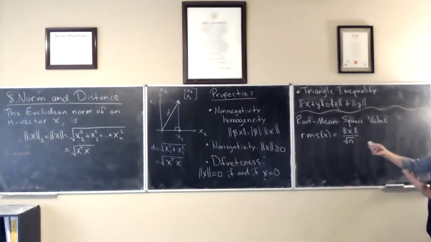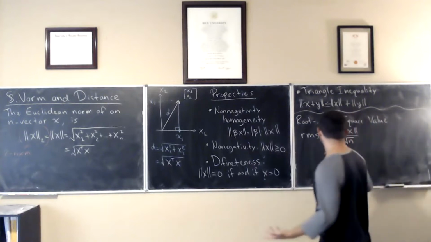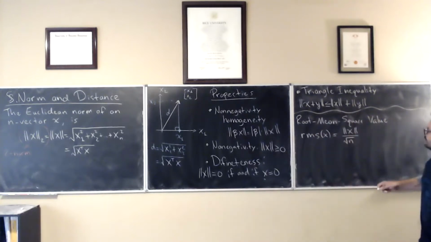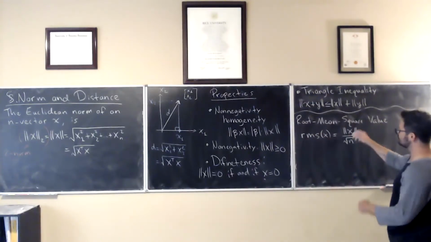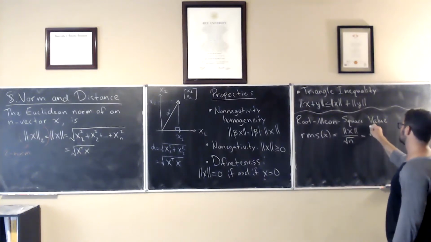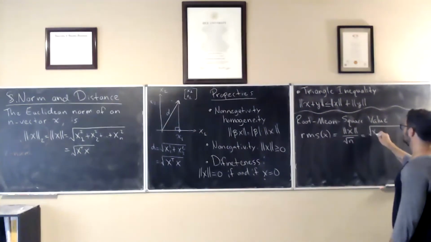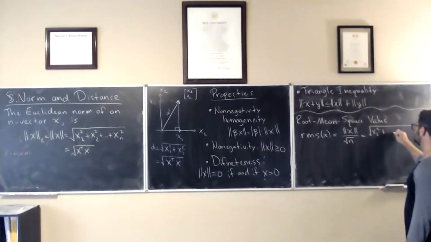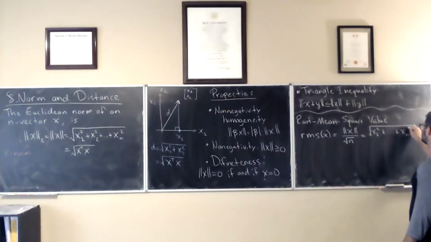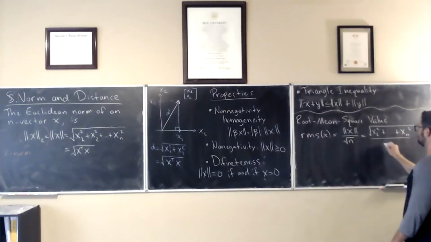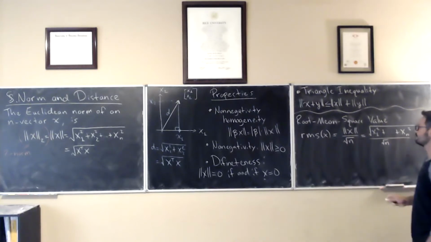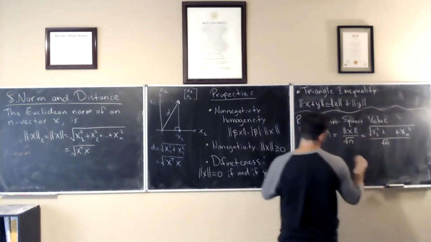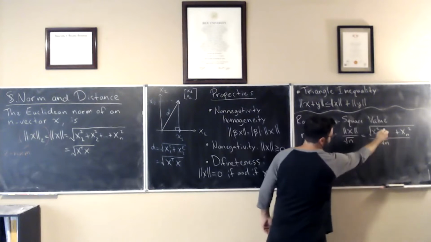Okay, and when you see this the way it's written, it might not look like anything, but if you rewrite, so what is the norm? It's just the square root of x1 squared plus dot dot plus xn squared, and then this is all being divided by root n. Root mean square value is, well, square root down there, square root up there.